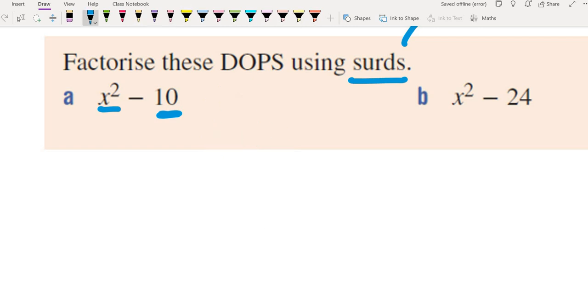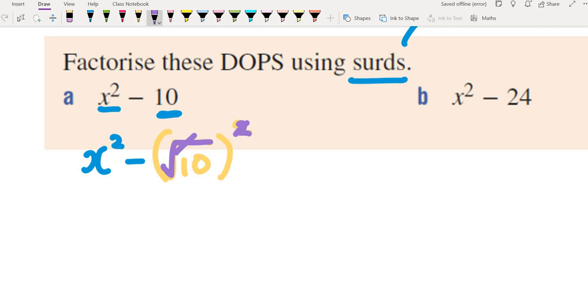Instead, what you can do is turn this into x squared minus square root of 10 squared. That's because if we have a square root squared, they sort of cancel each other out, and it's just whatever's inside there, which is 10.